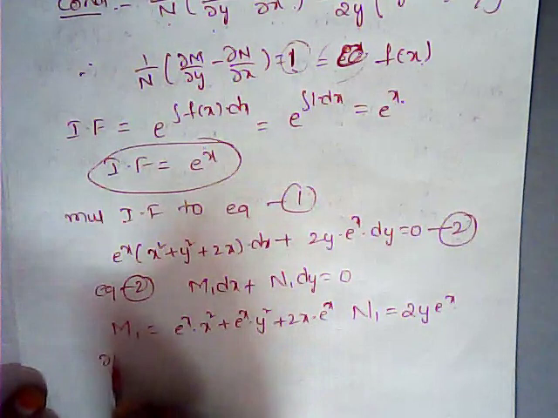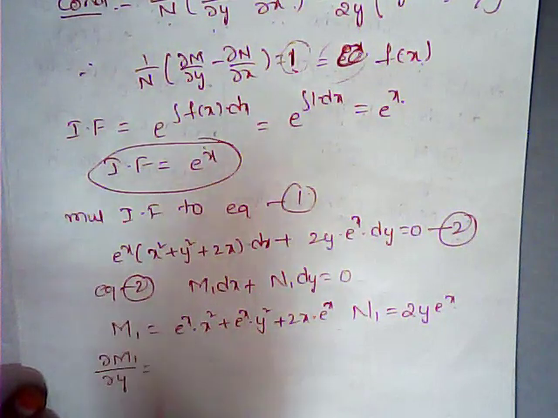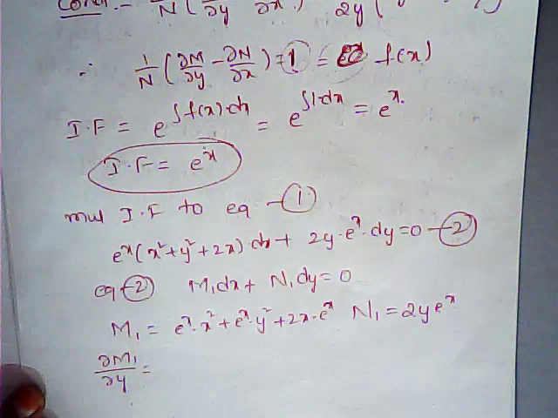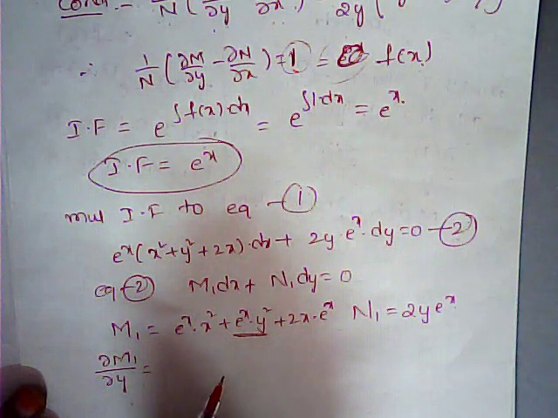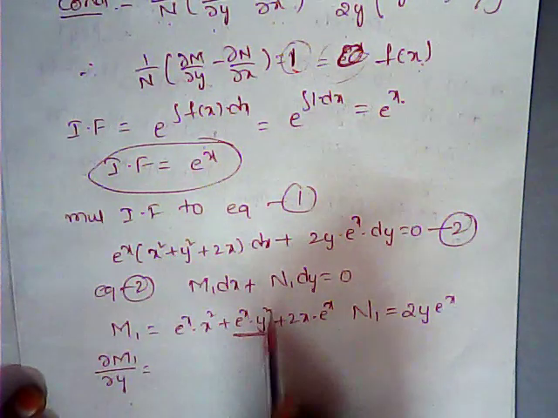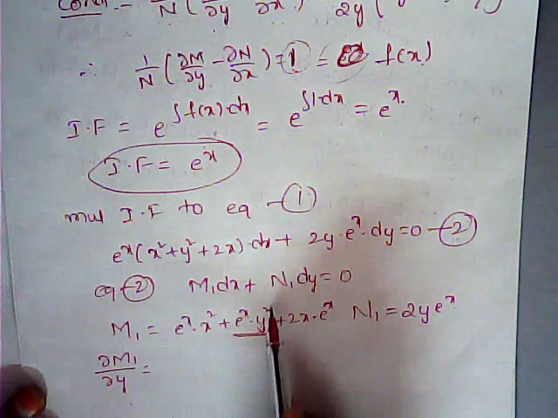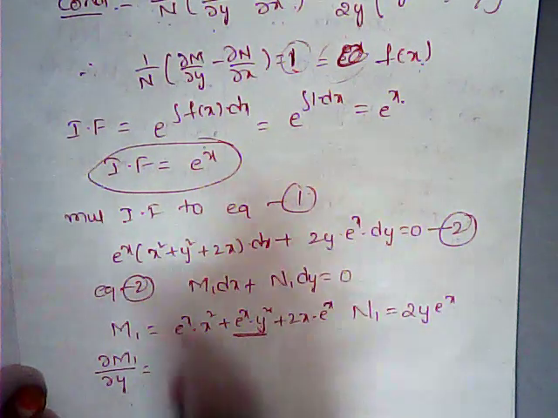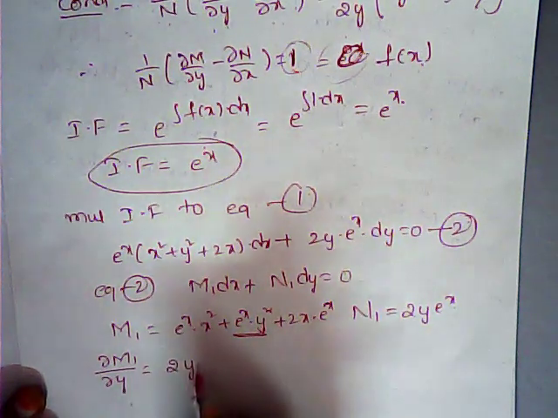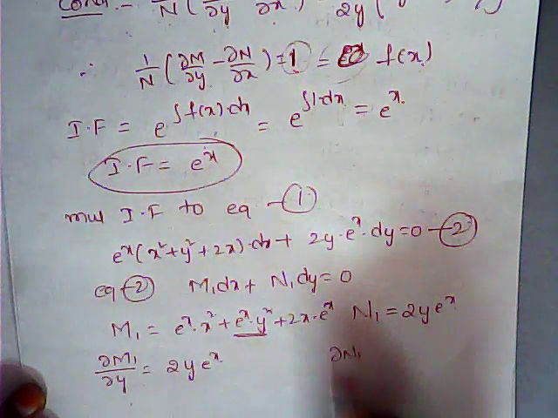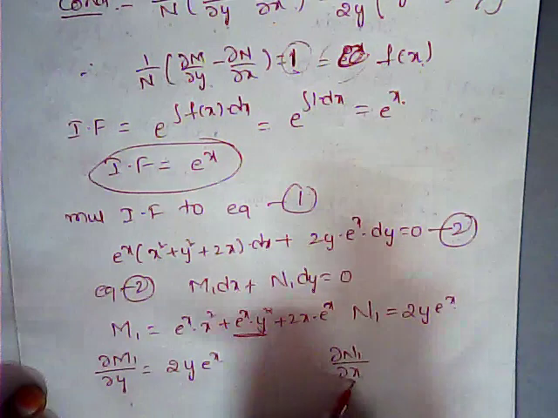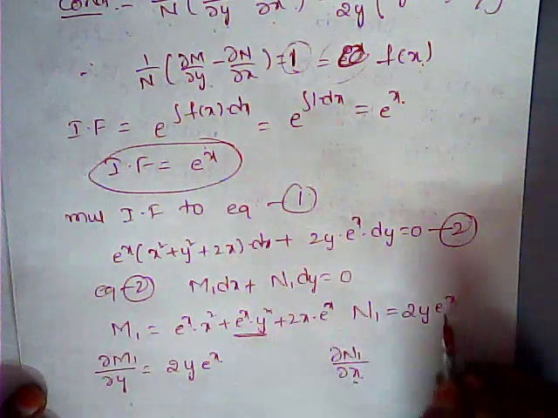After getting M1 and N1, you will go with dou M1 by dou y. Since you are differentiating with respect to y, you will go with only the y term. What is the differentiation of y square? 2y. So you will get 2y e power x here. In the same way, dou N1 by dou x. You will differentiate only the x term.